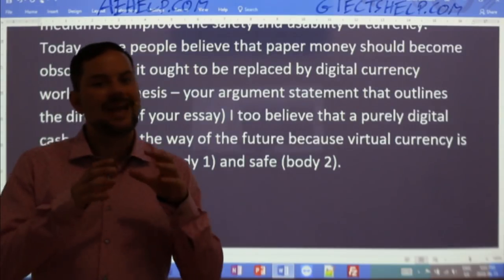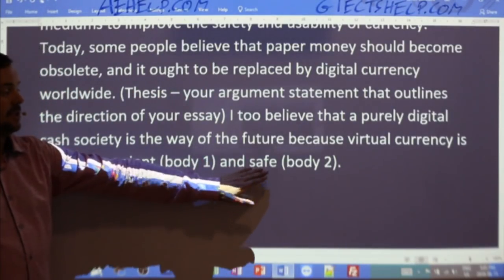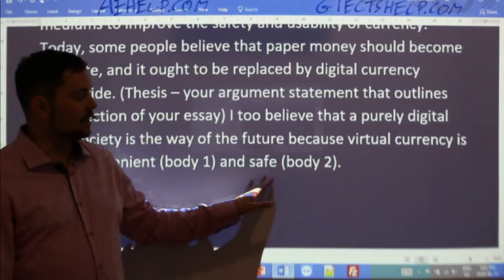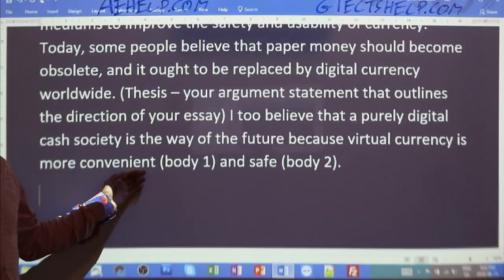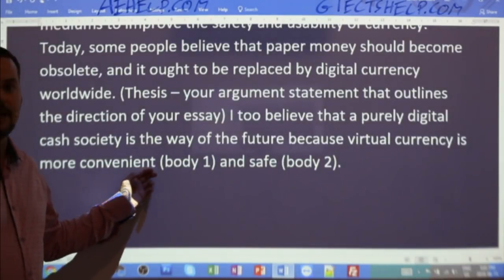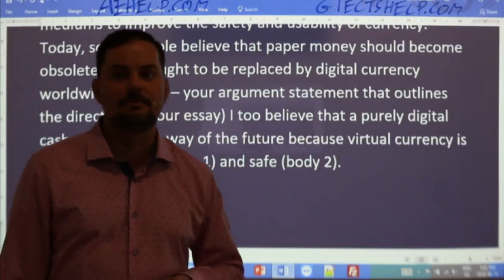So I want to emphasize the power of safety in digital currency, so I'm leaving it for body paragraph 2. And that's why I'm talking about convenient first. Okay? Convenient might come first in our mind, but safety is probably the most important.